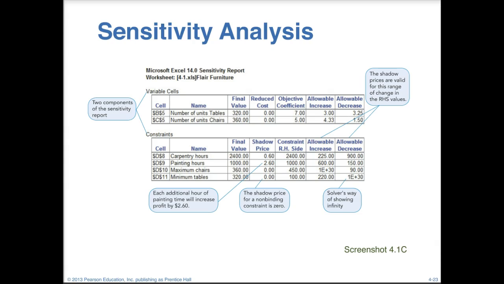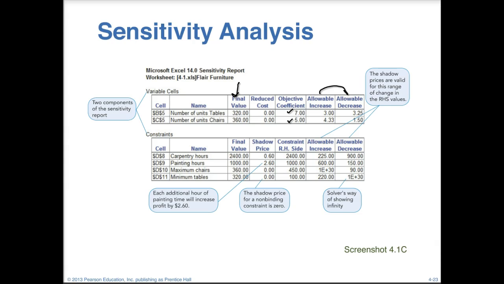And in looking here, we want to talk about what a lot of this stuff means. So the first thing that we want to talk about is these ranges. Here are our solutions: the amount of tables and the amount of chairs, and the objective function coefficients, of course, $7 profit per table, $5 profit per chair.